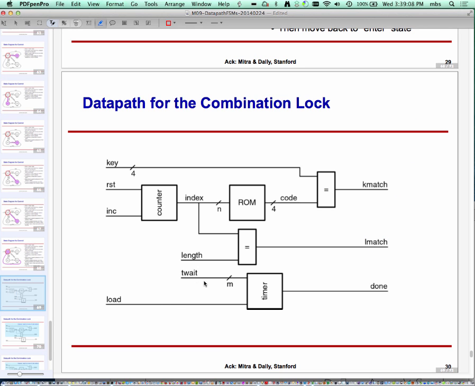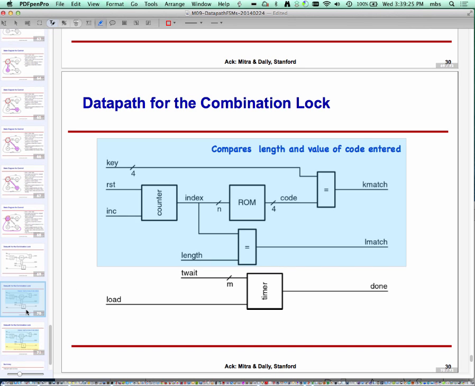And then finally we have this timer. The timer has to wait for a certain time, so there is this t wait, which is some constant, and this load is going to be done by the state machine. The state machine is going to load the timer and then let it run.